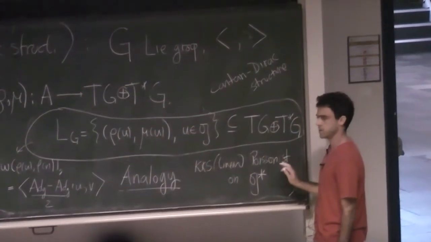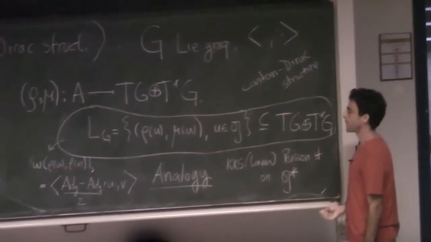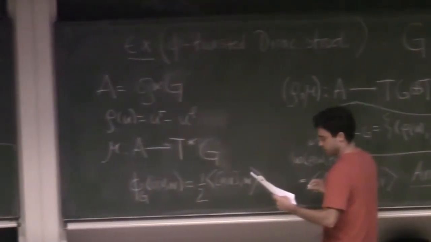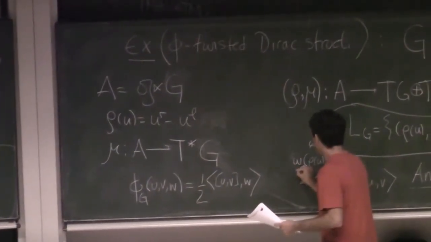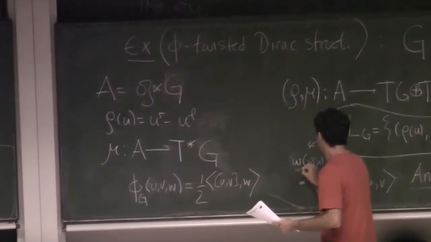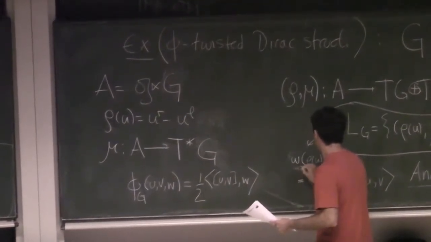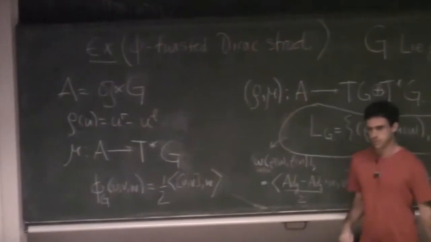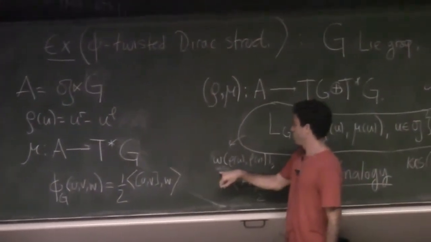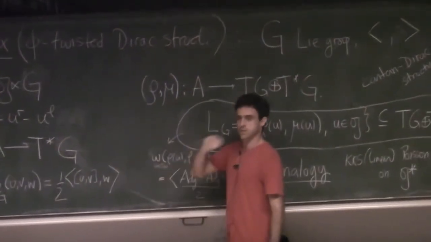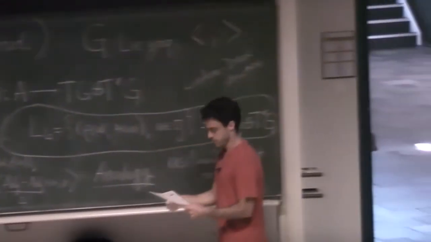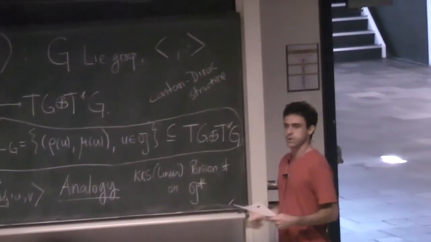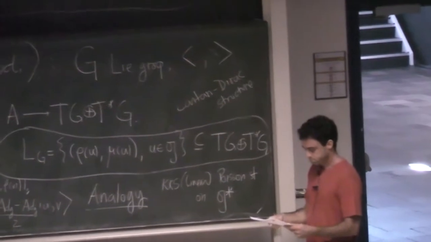It's exactly analogous. So this is KKS, and this is GHJW: Guillemin, Hübschmann, Jeffrey, Weinstein. That's where it appeared first, already in the study of moduli spaces of flat connections.